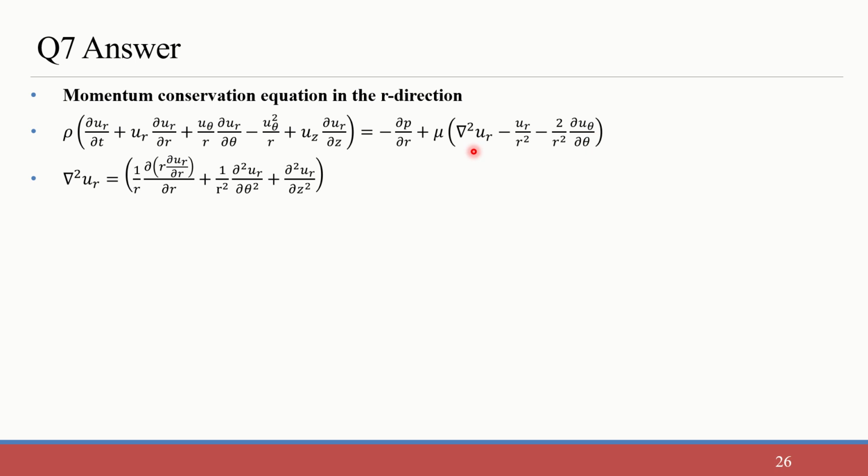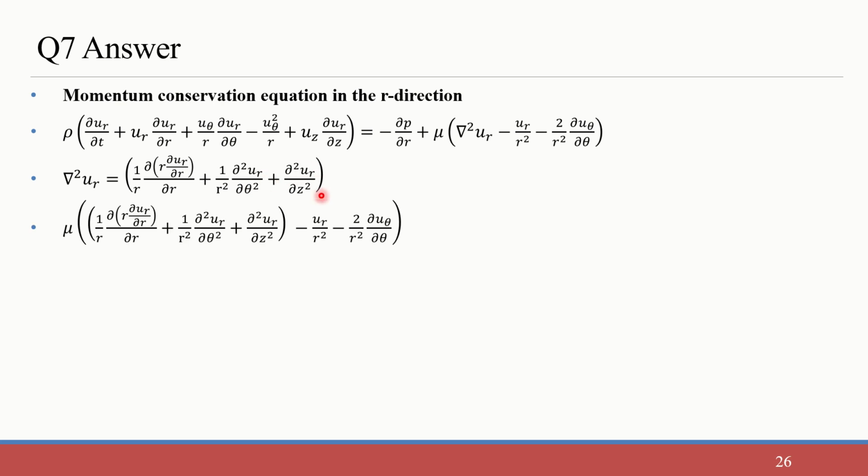So now del square u_r is given by 1 by r of ∂/∂r of r into ∂u_r/∂r plus 1 by r square of ∂²u_r/∂theta² plus ∂²u_r/∂z².